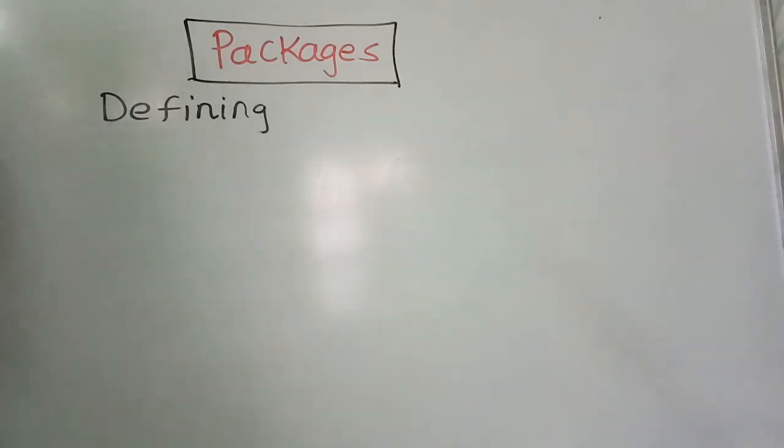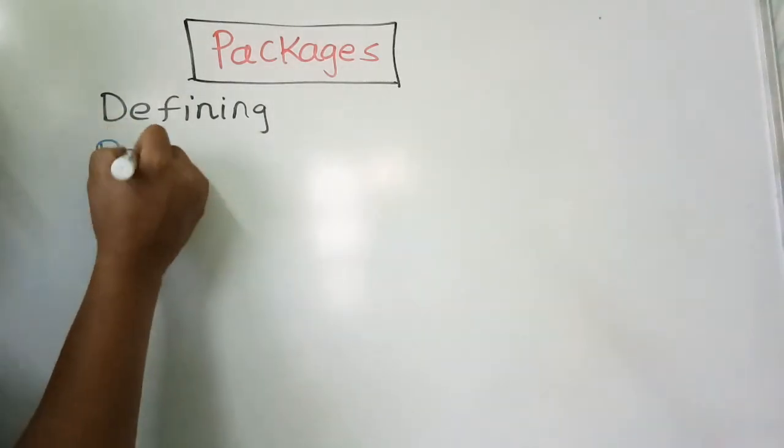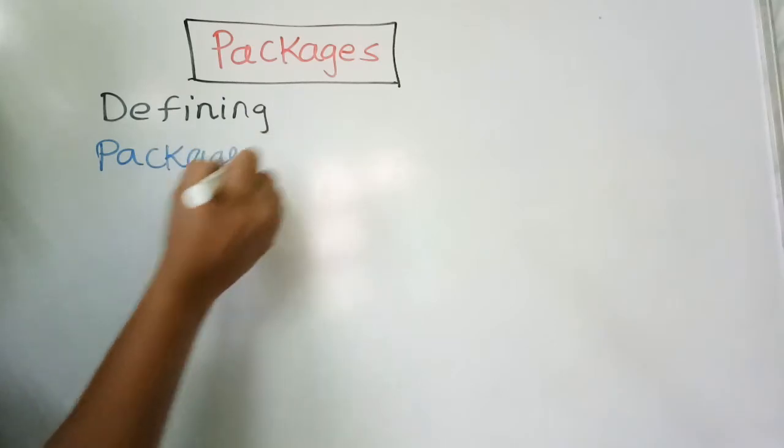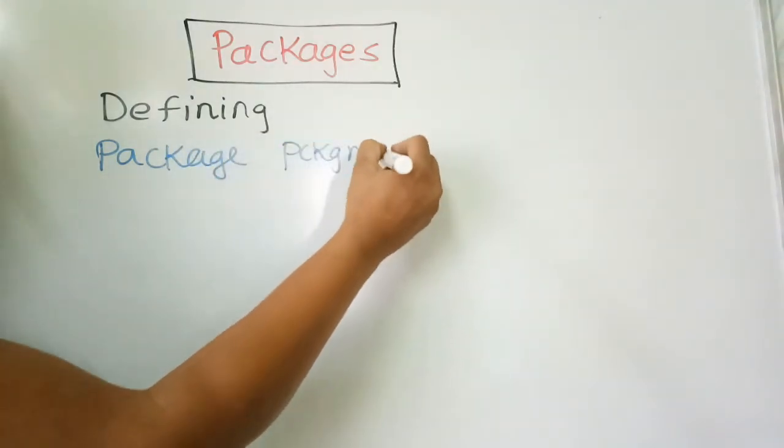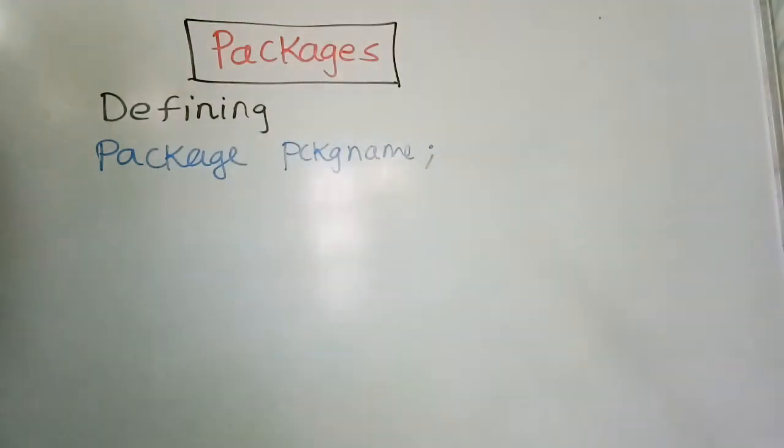So how do we create our own packages? What is the syntax? For that, we use the keyword package, then specify the package name, and then apply the semicolon.